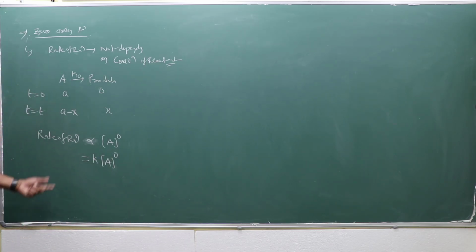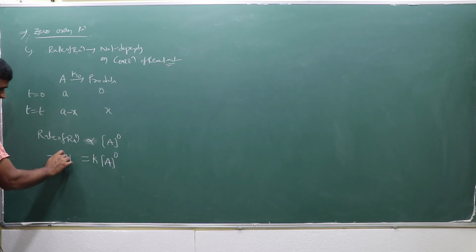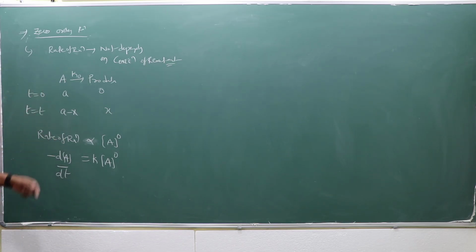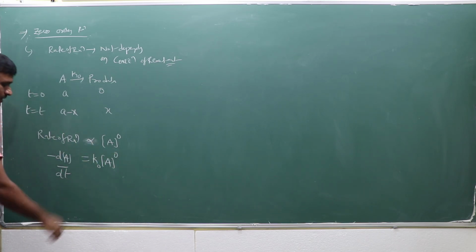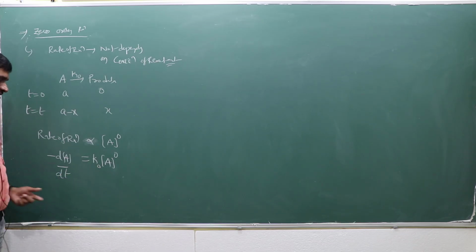Now this rate of reaction can be expressed in the case of the reactants or in the case of the products, I mentioned that. So the reactant molecule concentration is changed, that is, the reactant molecule decreases. So minus dA by dt is equal to k into a to the power of 0. This k is k naught, the 0 order rate constant.